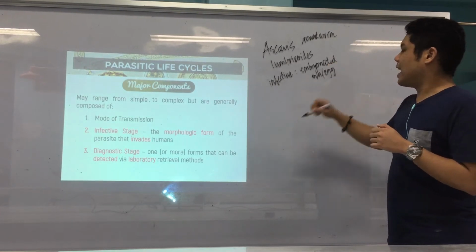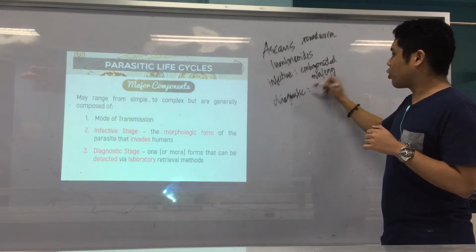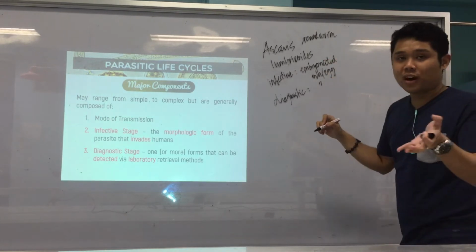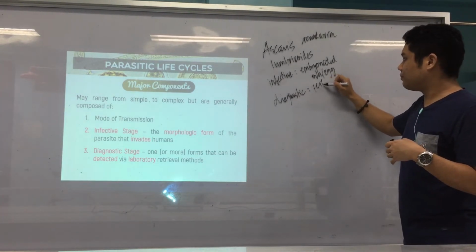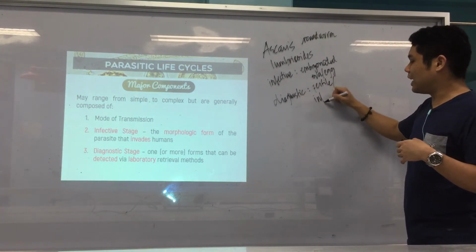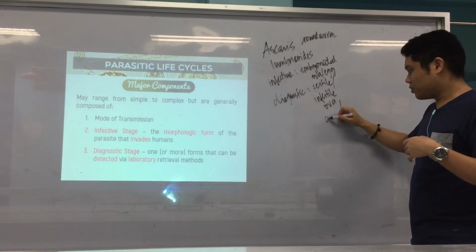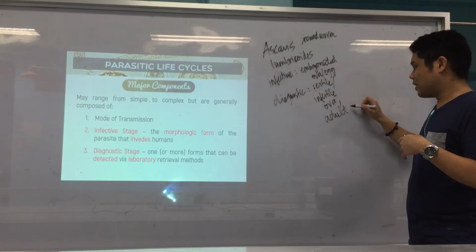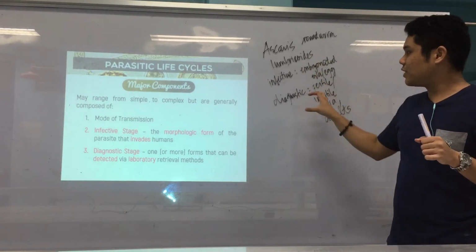And the diagnostic stage could also be embryonated ova, or generally fertile or infertile ova, or even adult worms. Those are just examples of infective and diagnostic stages.